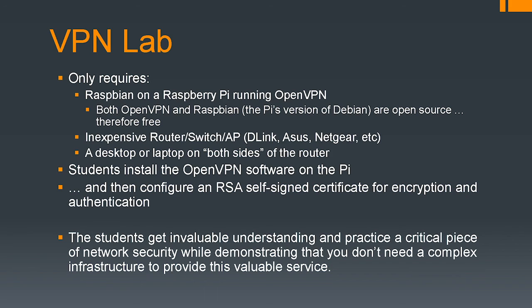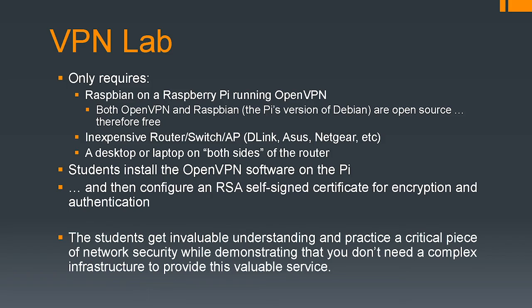On the Raspberry Pi, on Raspbian, which is the Debian distro, you simply download the OpenVPN server component. It has a wizard. It's not a GUI, but it has a wizard that will walk you through the configuration and setup. And then all you have to do is set up a little bit of port forwarding on your router, which is a great thing to teach.